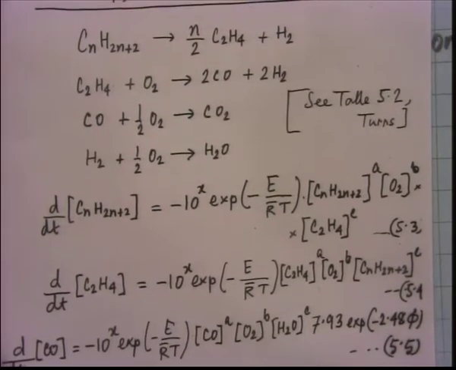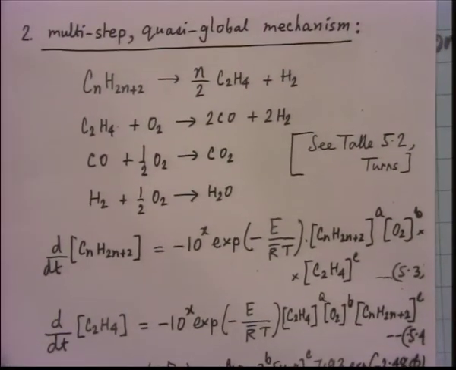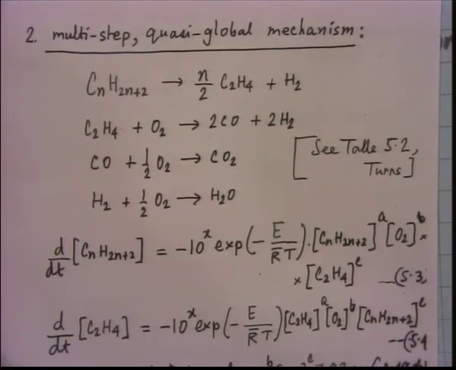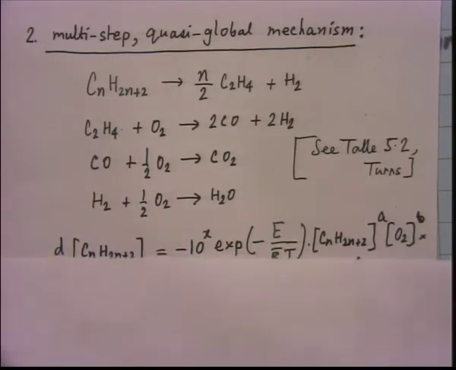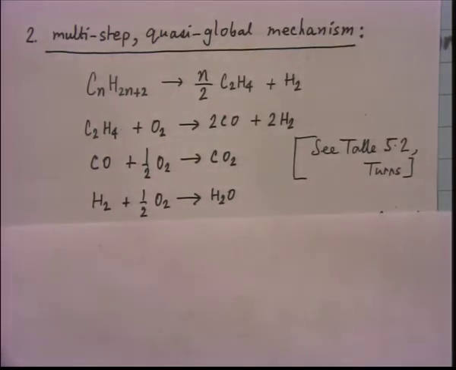So, that was single step, and you also have multi-step quasi global mechanisms. Again, there is no real need for you to write all this, because if you write all this, then you will lose time. Now, just to give you a scheme of things, let us look at the chemical reactions here. These are proposed chemical reactions.